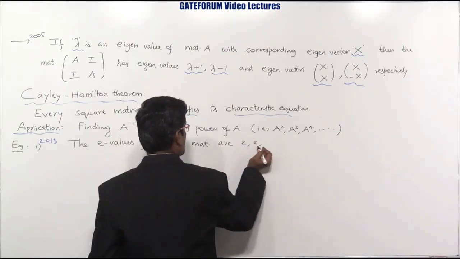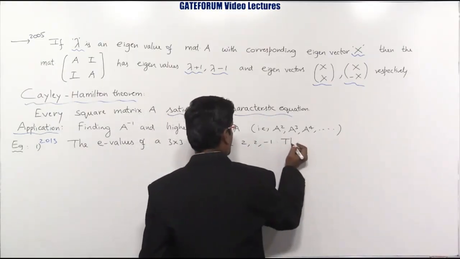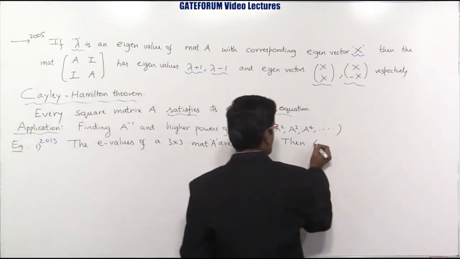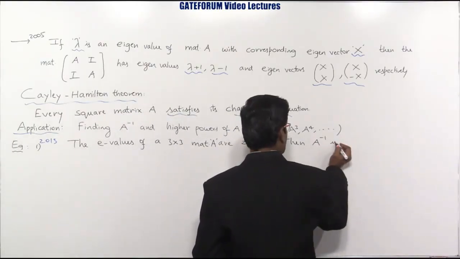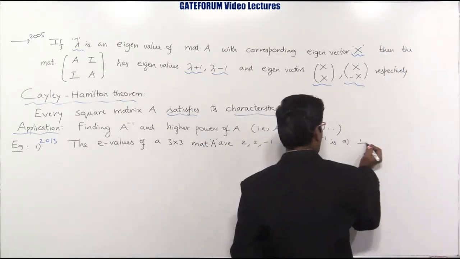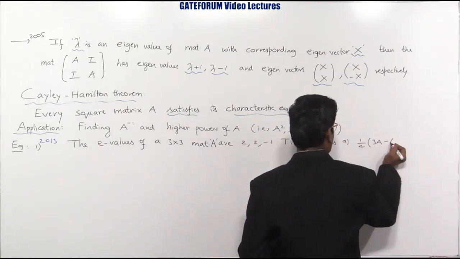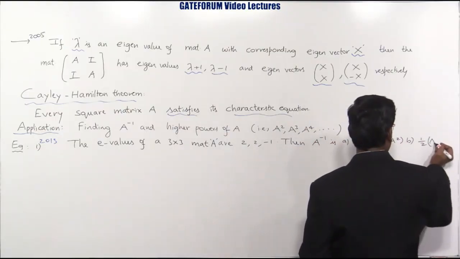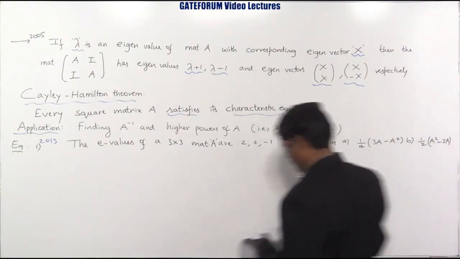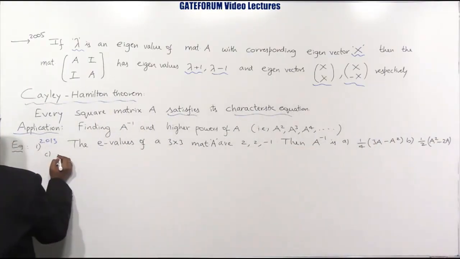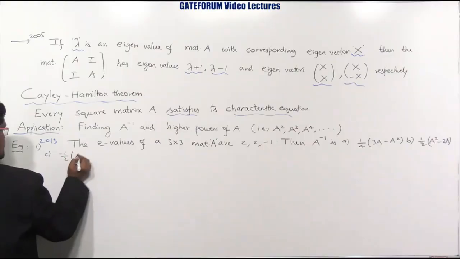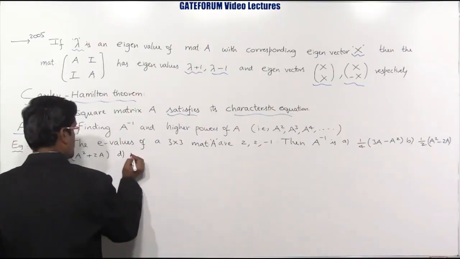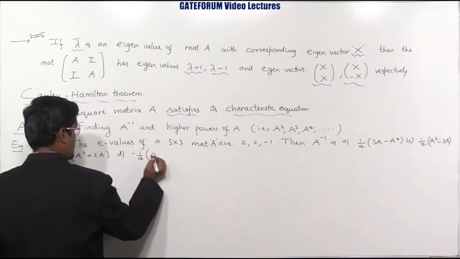The eigenvalues are 2, 2, minus 1, then for the 3 by 3 matrix A, A inverse is: option A, 1 by 4 (3A minus A square); option B, 1 by 2 (A square minus 2A); option C, minus 1 by 2 (A square plus 2A); option D, minus 1 by 4 (A square plus 2).